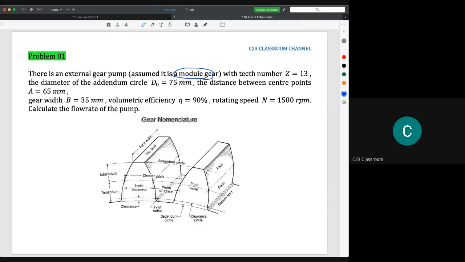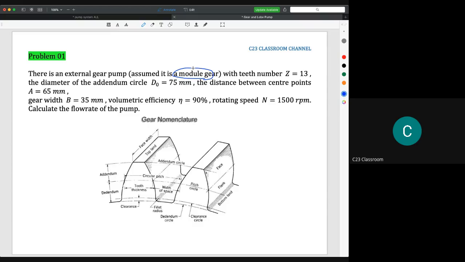So it makes ratios. For example, the addendum is a ratio of the module. The dedendum is a certain number times the module, and so on and so forth. This is the simplest case. I am just giving an example to trigger how you calculate the flow rate of the gear pump.